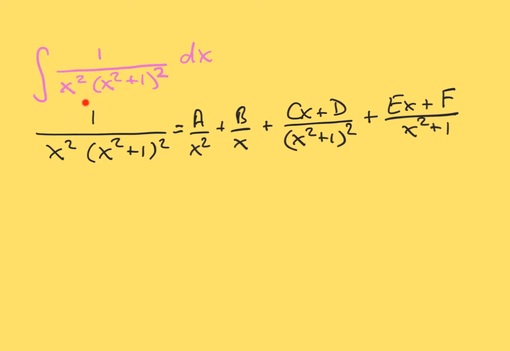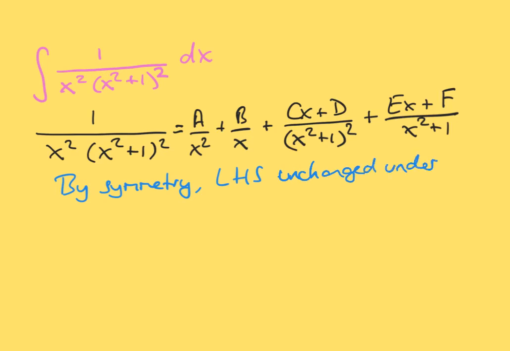But over here we've got a very simple numerator, and we actually notice something rather beautiful. So I want to write this down. By symmetry, the left-hand side, so this side of the equation, is unchanged under x goes to minus x.